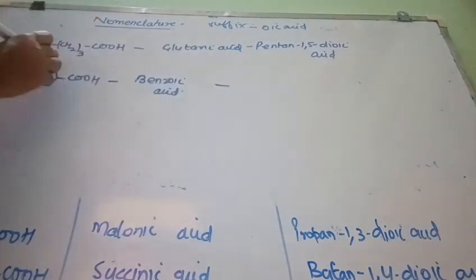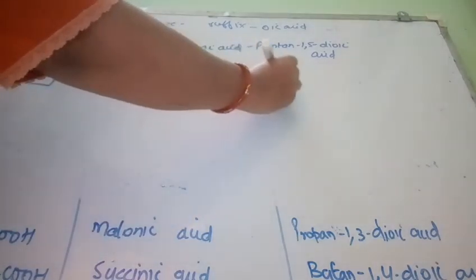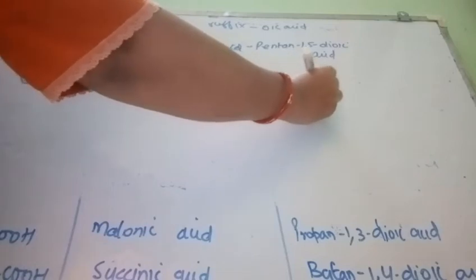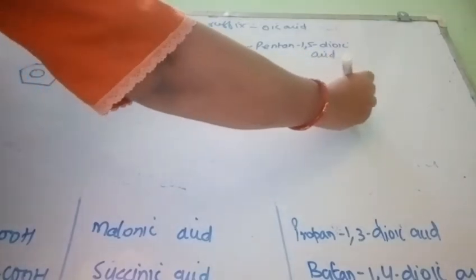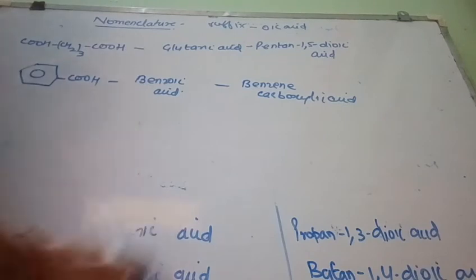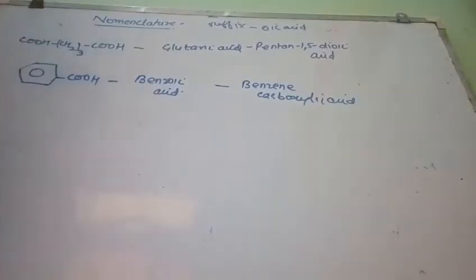Its IUPAC name is benzene carboxylic acid. But it is also common in IUPAC, it is named as benzoic acid. So you can name it as benzoic acid commonly as well as in the IUPAC name. Understood?